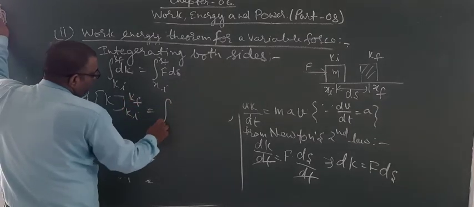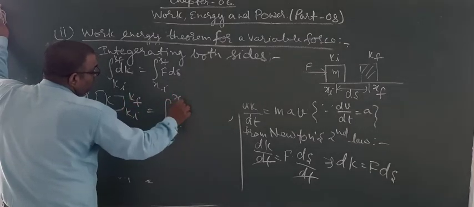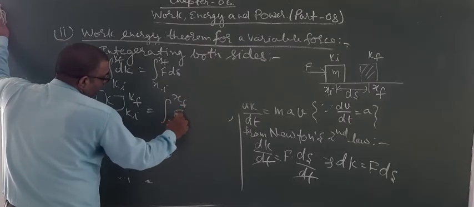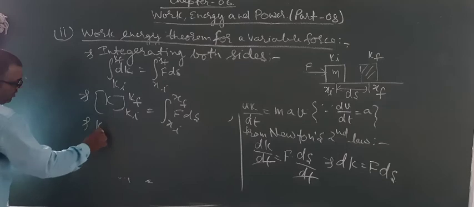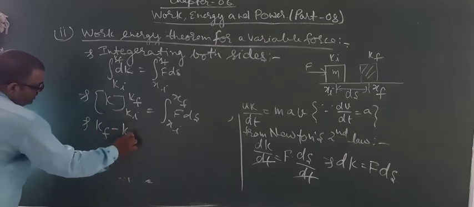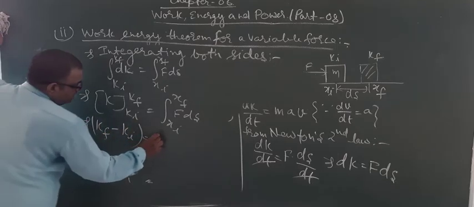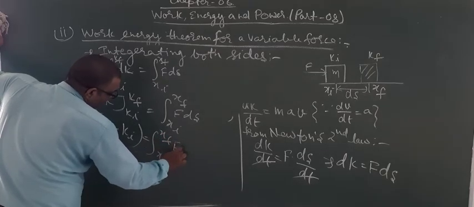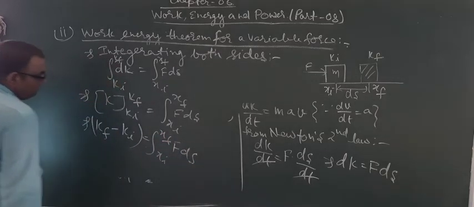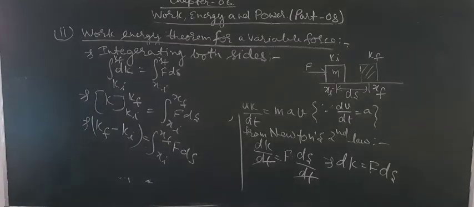So it is equal to the integral from x initial to x final of F into ds, and it is equal to final kinetic energy minus initial kinetic energy is equal to the integral from xi to xf of F into ds, which is equal to work done by the variable force.